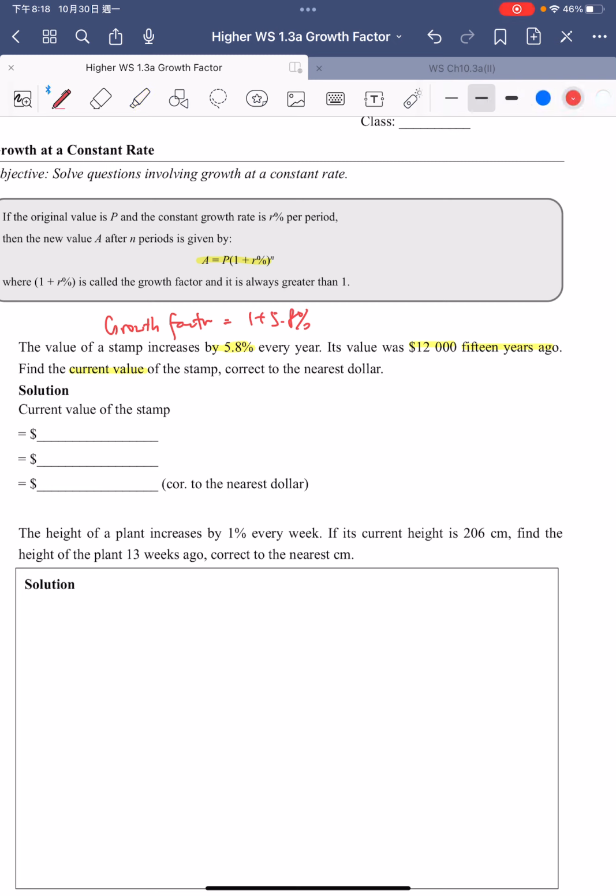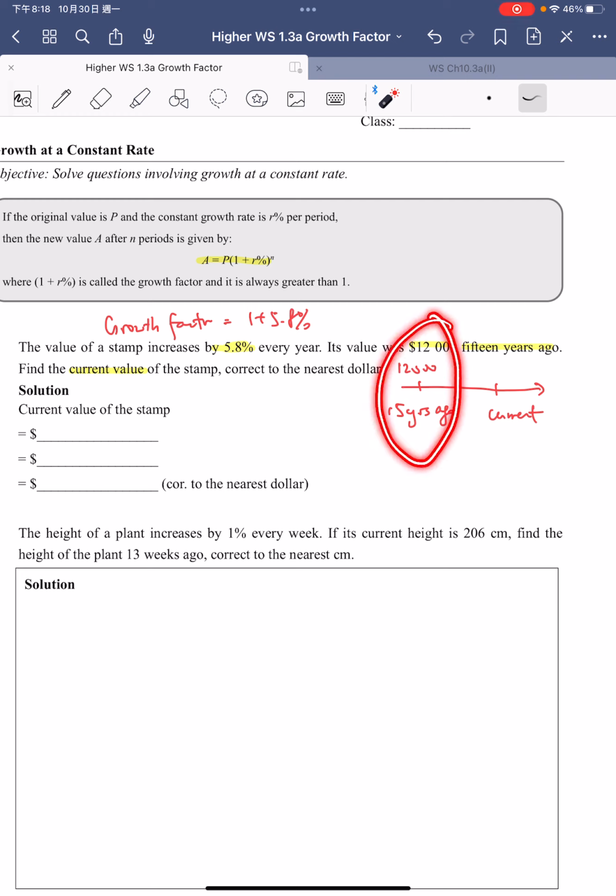If you draw a timeline first, this is the current value, and this value is 12,000, which is 15 years ago. So which one happened first? The 15 years ago one happened first, then we have the current value.